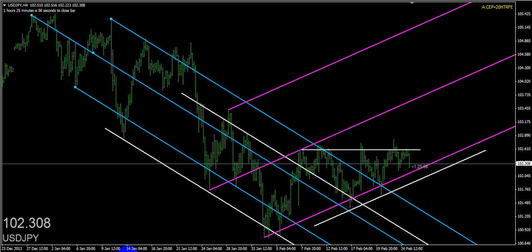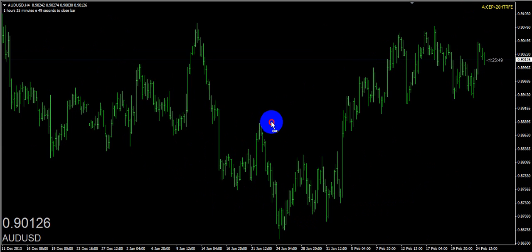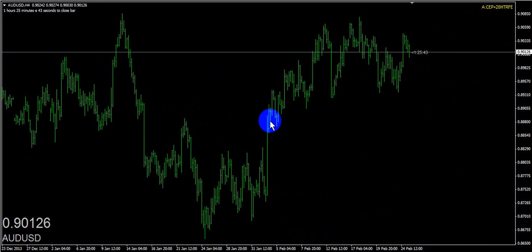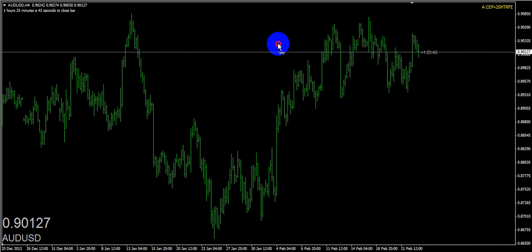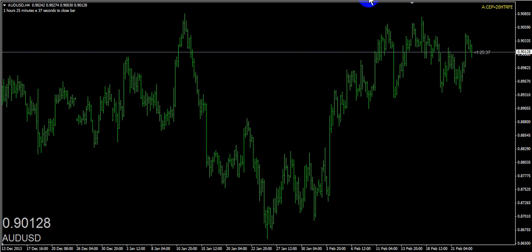Now we will go to the Aussie dollar for our chart. So for this example, we're going to take a wide fork, and I'm going to show you a couple of interesting things.